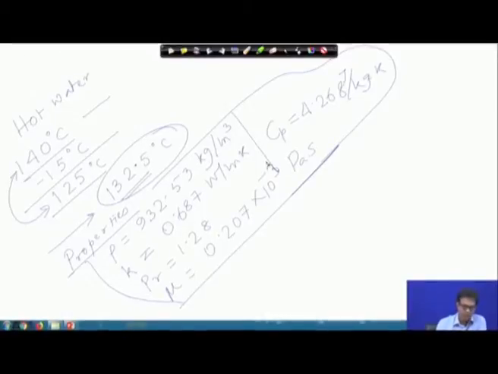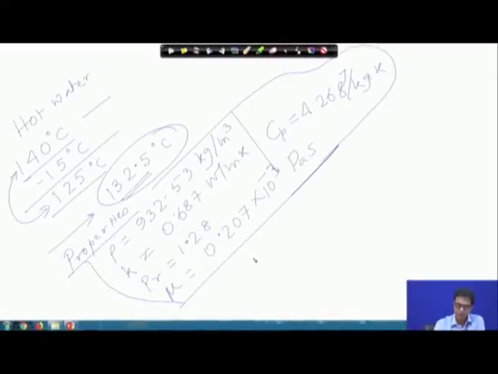With this information, we are now supposed to calculate the heat transfer and so on. First of all, we have been told the mass flow rate of the cold water, and we know the temperature difference. What we have not been told is the flow rate of the hot fluid.